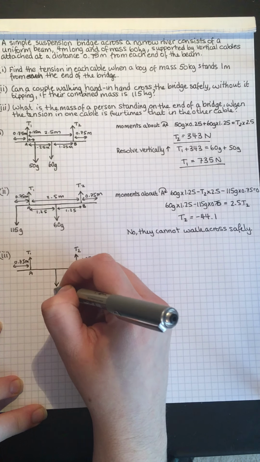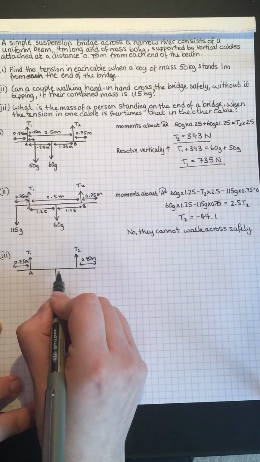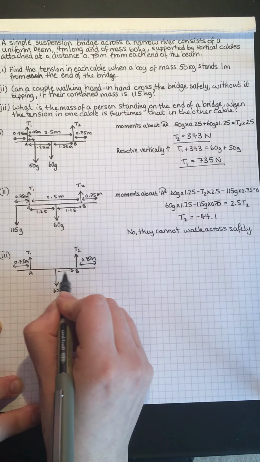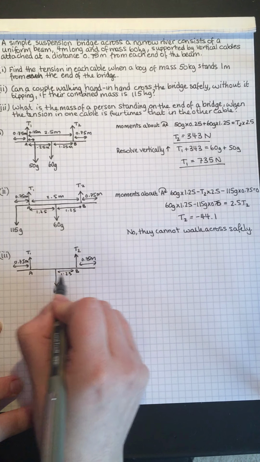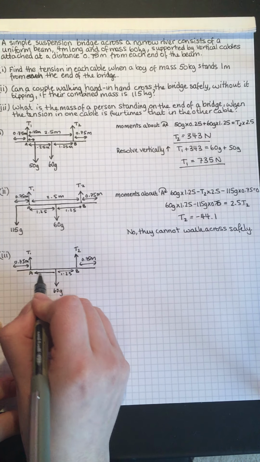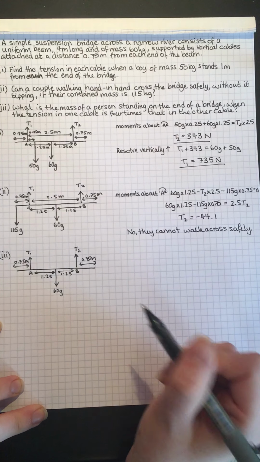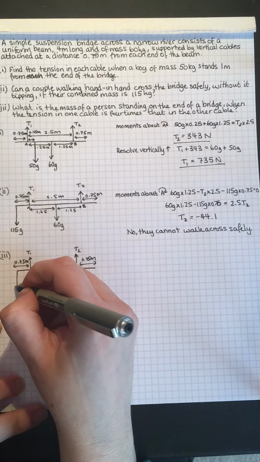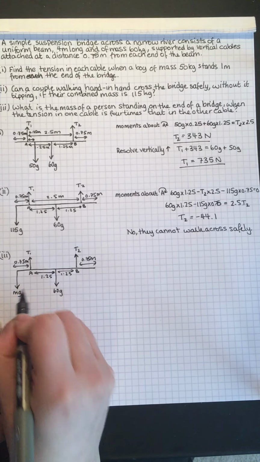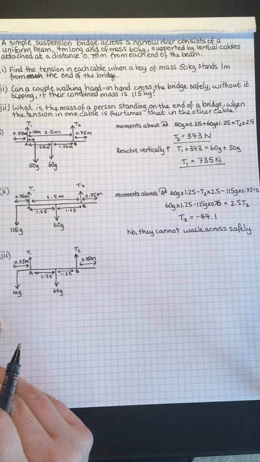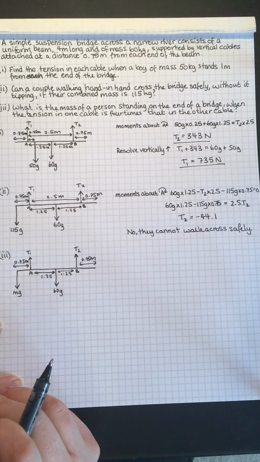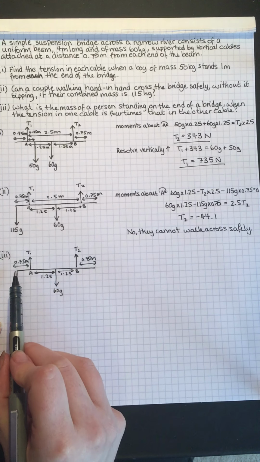We've still got the weight acting in the middle. And it says there's a person standing on the end of the bridge, so let's put them here. So their weight would be mg over here. And the tension in one cable is 4 times that in the other cable.